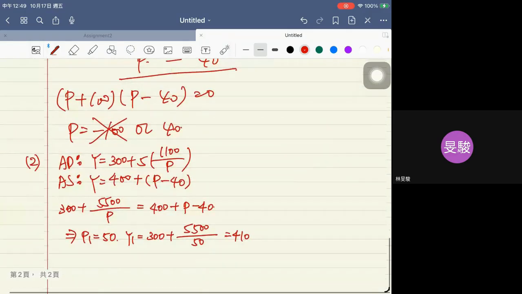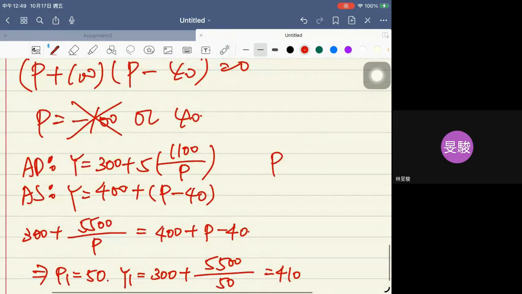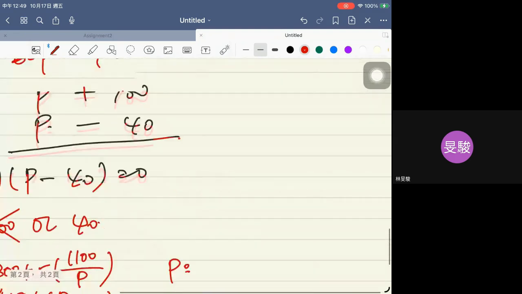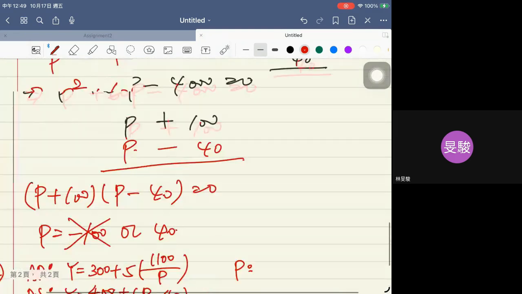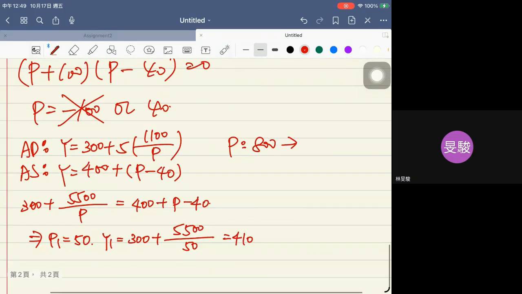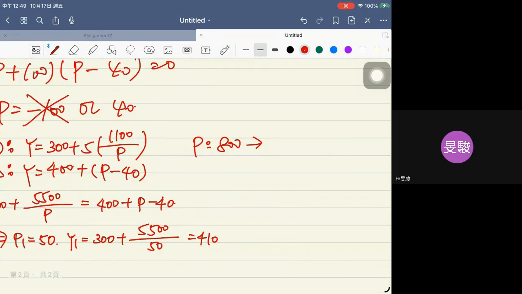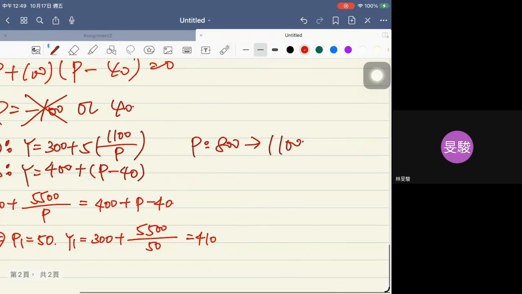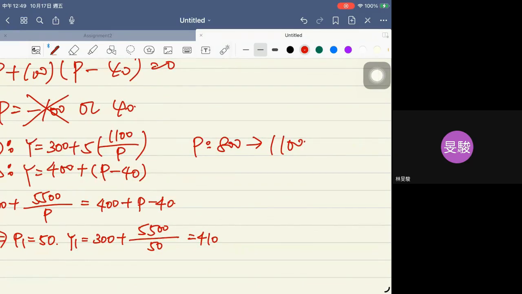So you can see that the money supply rose from 800 to 1,100, and the short run real output we get is 410.